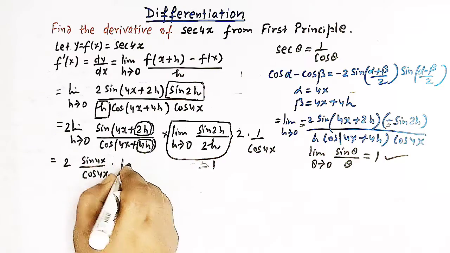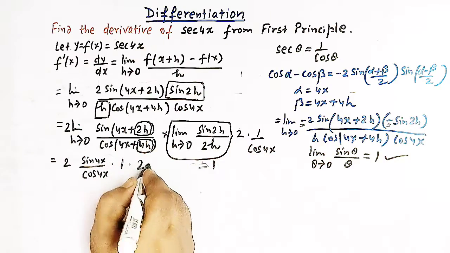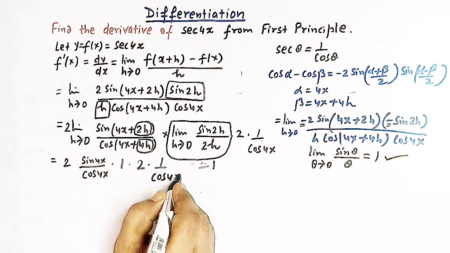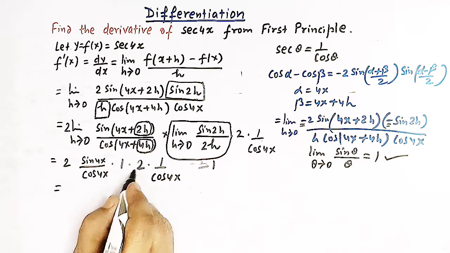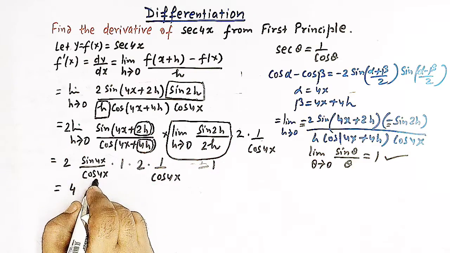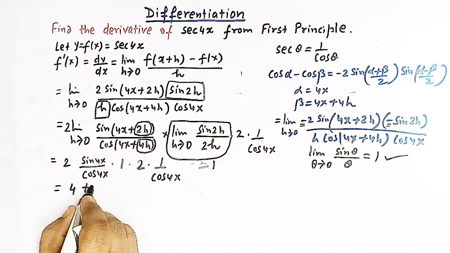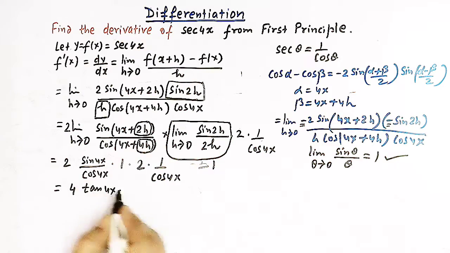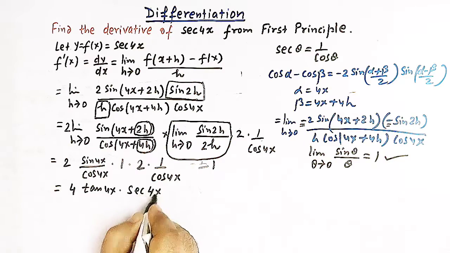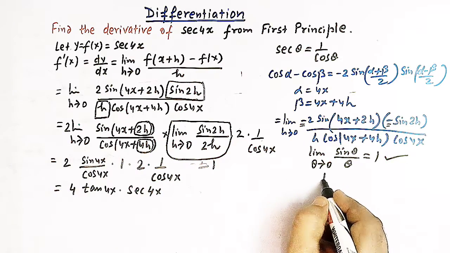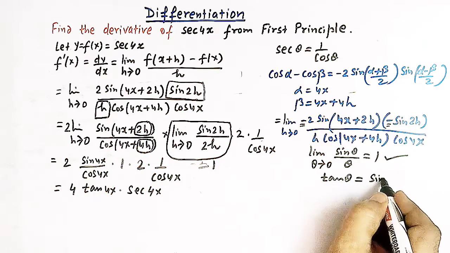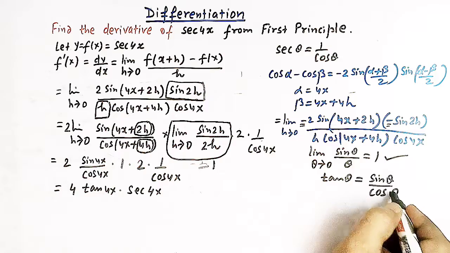So here we have 1, then the factor 2, and 1 over cosine 4x. So 2 times 2 is 4, and sine 4x over cosine 4x is tangent of 4x, and 1 over cosine 4x is secant of 4x. Here we have used the result that tangent theta is equal to sine theta over cosine theta.